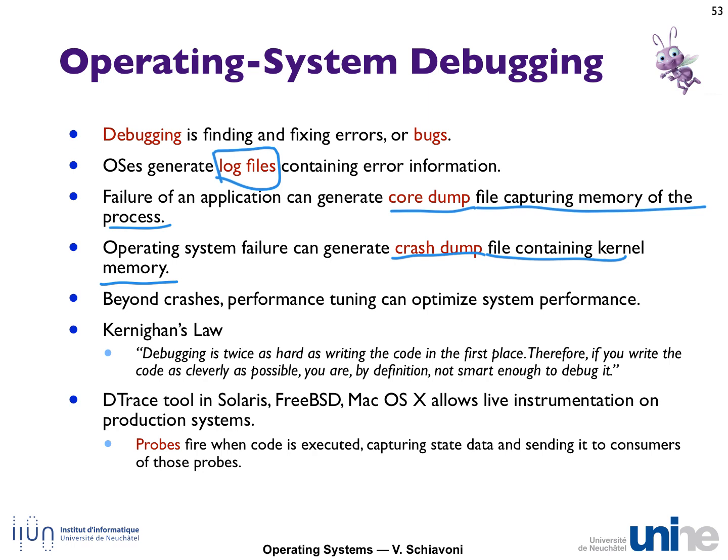It's a quite funny quote: if you write code as cleverly as possible, you are by definition not smart enough to debug it. And in a way, it's unfortunately true. Usually, debugging is much harder than writing the code.